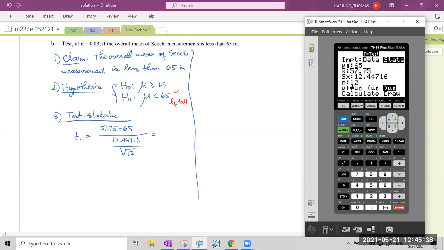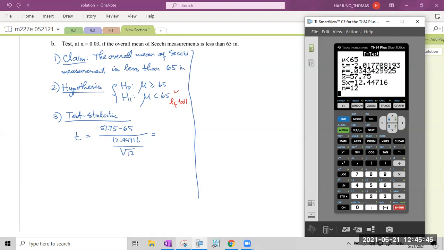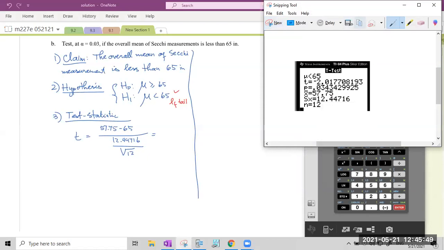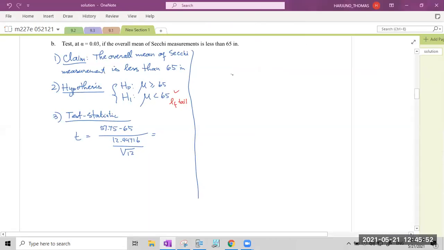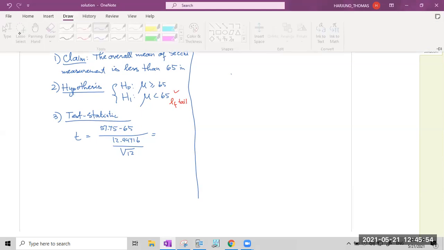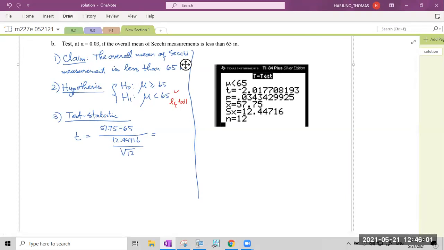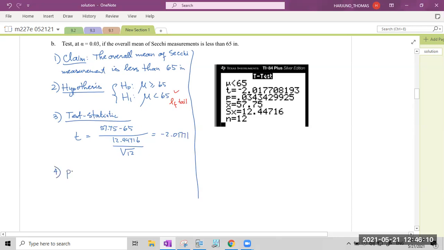Sample size 12, and then we will do left tail, calculate. So this is negative 2.01771.